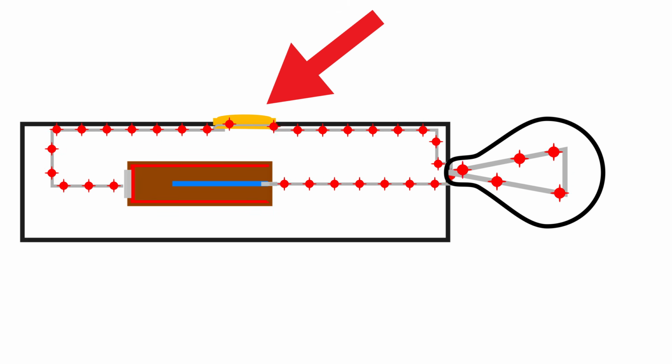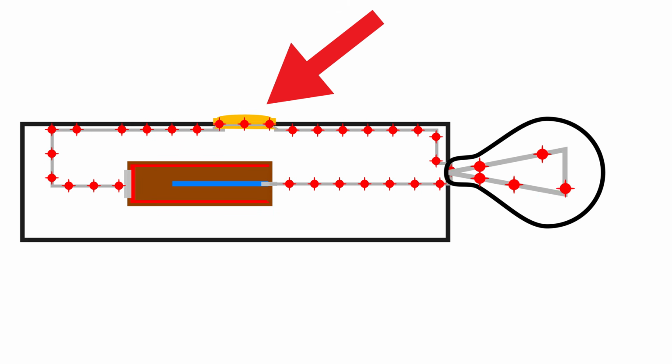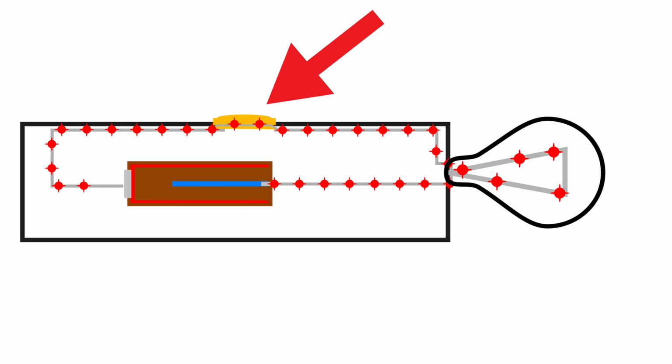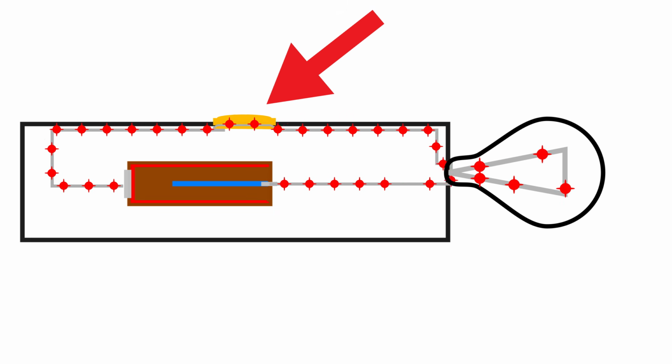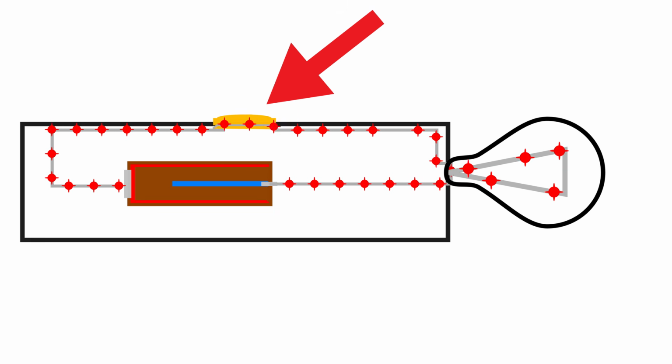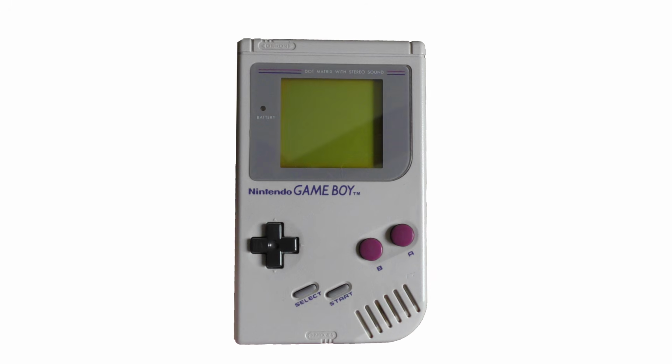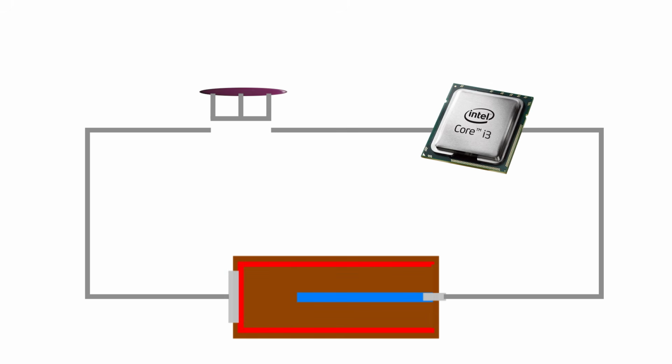This on and off switch here is the fundamental principle behind how all buttons, switches, touchscreens, and really anything electronic and interactive functions. Let's take a look at what happens when you press a button on a Game Boy. Just like with the flashlight, the internal circuitry of the Game Boy has these incomplete circuits in it, and they're completed when you push the button down.